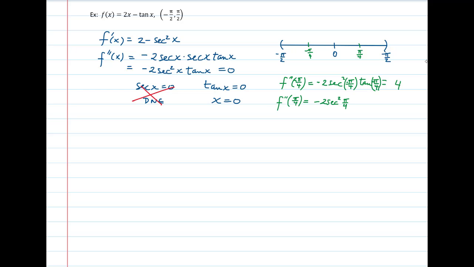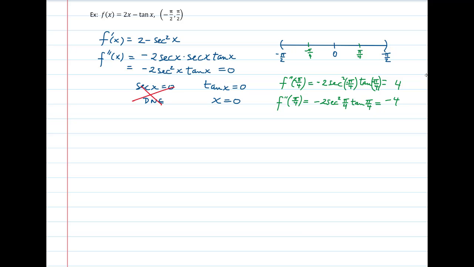In the same way, we're going to evaluate π/4 into my second derivative, a very similar procedure, and we're going to get -2 secant squared of π/4 times tangent of π/4, and that's equal to -4. Okay, so we get our signs for each interval.